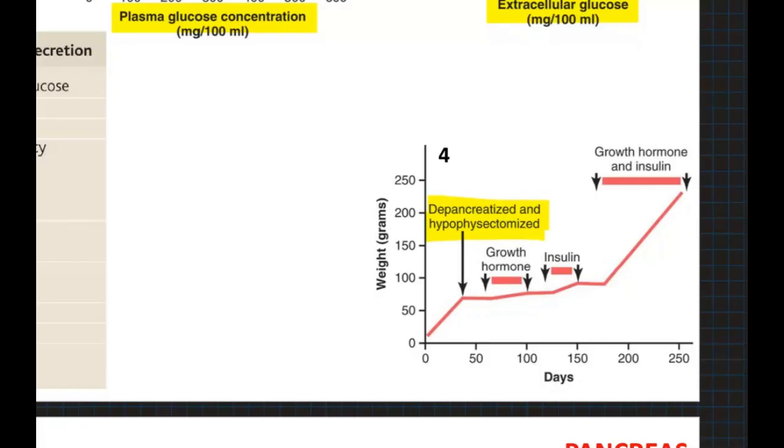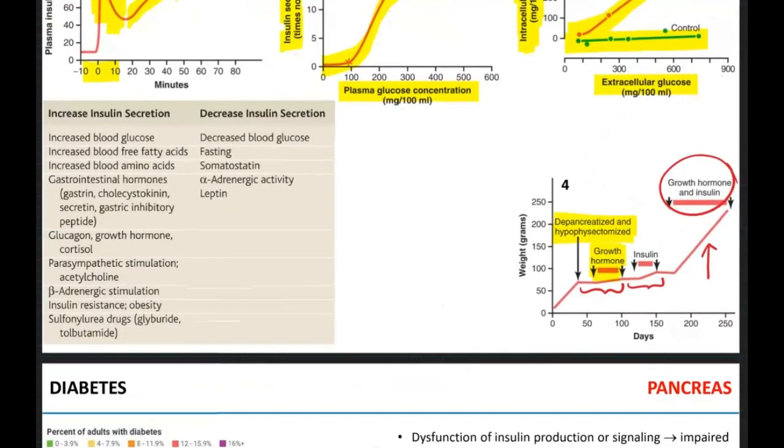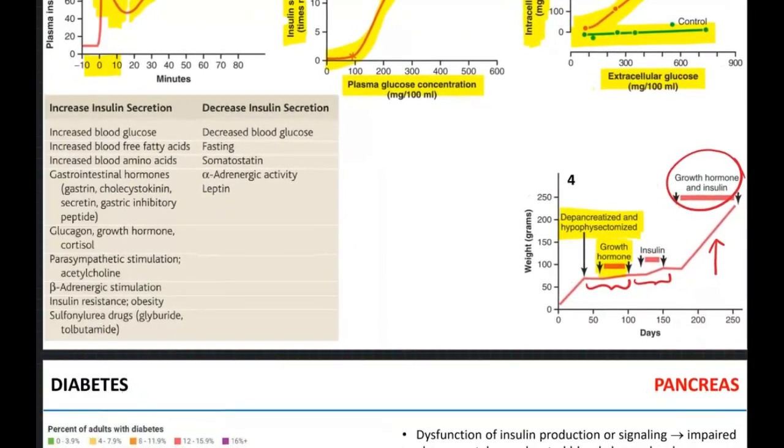Now, if you start giving those rats growth hormone, they don't grow. Their body weight doesn't change. If you give them only insulin, same. But if you combine growth hormone and insulin, their body weight starts to increase. This is why, by the way, professional bodybuilders use both growth hormone and insulin for muscle development.